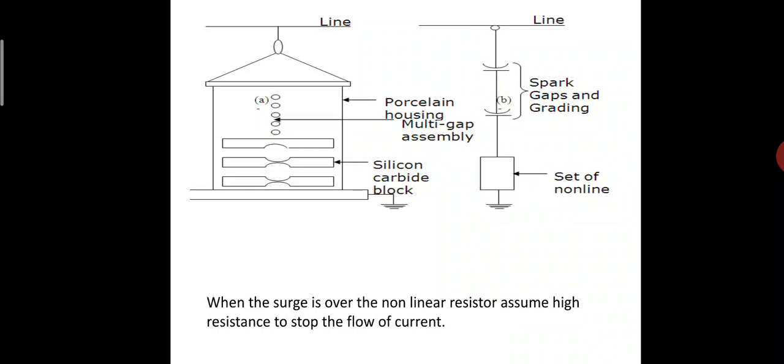It is divided into a number of spark gaps, and the non-linear resistance is placed in the middle. There is a wet process porcelain housing and solder sealed metal to porcelain tubes, and these are the non-linear resistors.